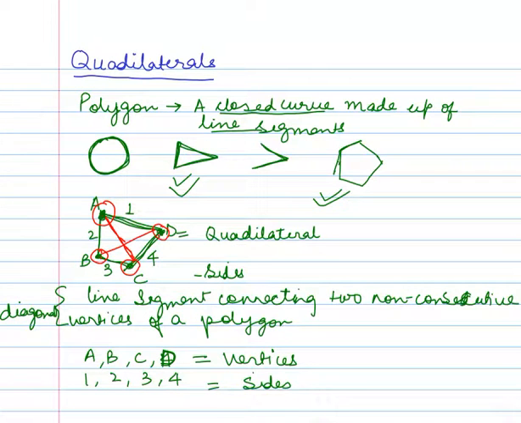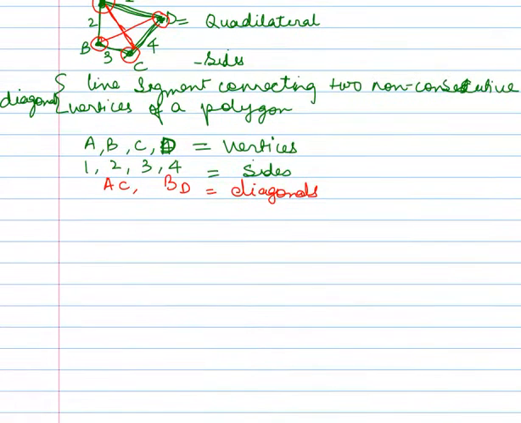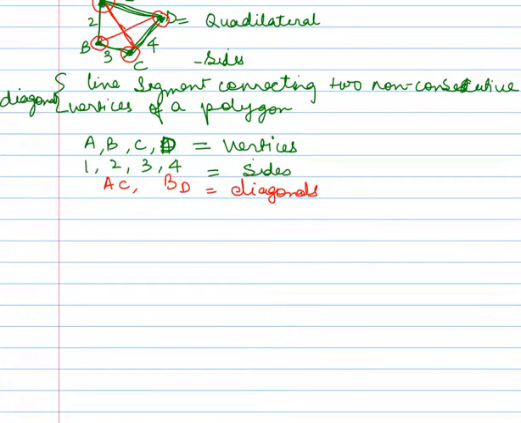So if we join B and D, it becomes a diagonal. So this quadrilateral has two diagonals, AC and BD are the diagonals, right? Now these are the frequently used terminologies, right?